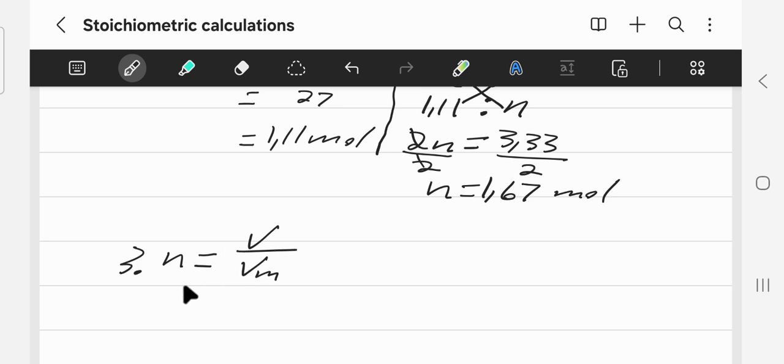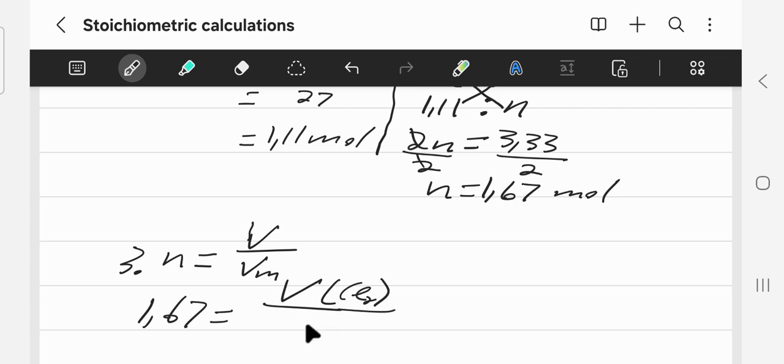So now I'm looking for the volume of chlorine, right? What is the number of moles of chlorine? It's these ones that I just found using ratios, 1,67 is equal to the volume of chlorine, which is unknown. Maybe let me just say Cl2 there, just for you to be aware that we are looking for the volume of chlorine.